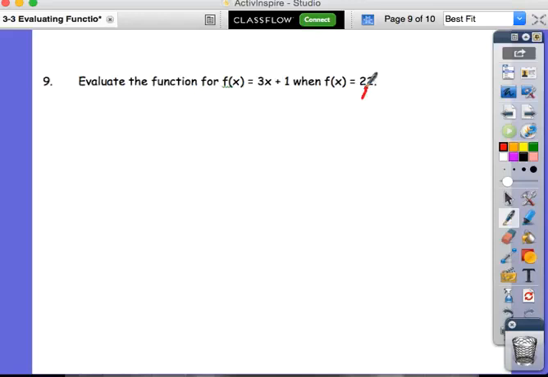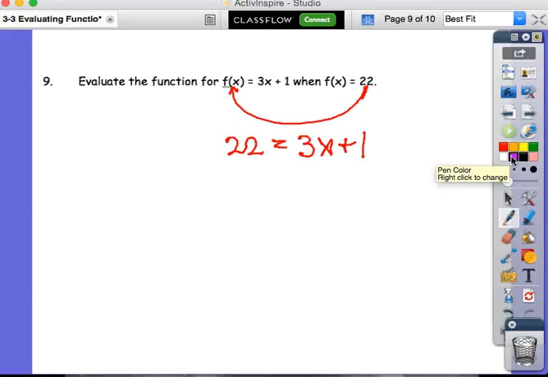It doesn't say f of 22, right? Because it's saying f of x is 22. This is 22. Not what is f of 22. If the 22 was in place of the x, we would put it in for x, but it's not. So we need to do 22 equals what? 3x plus 1 and solve it.